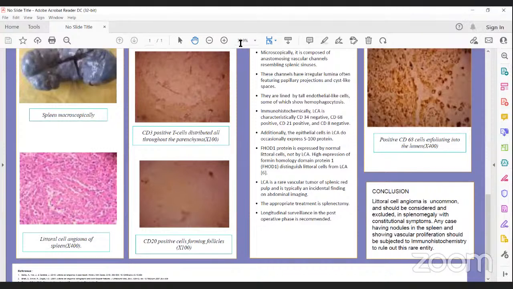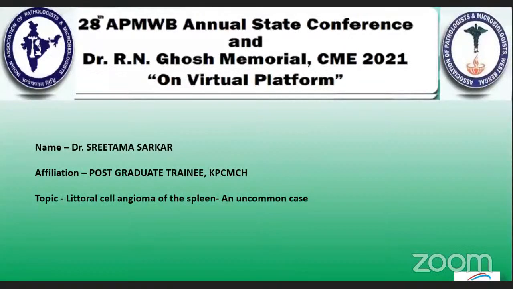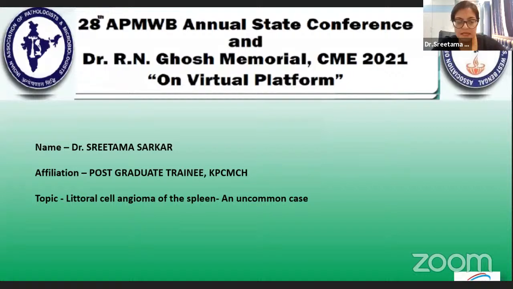I have one question, Shritama, what is the explanation behind the constitutional symptoms in this case? Ma'am, there was splenomegaly, and the patient was facing symptoms like low-grade fever, fatigability, and weakness for like 2 years.